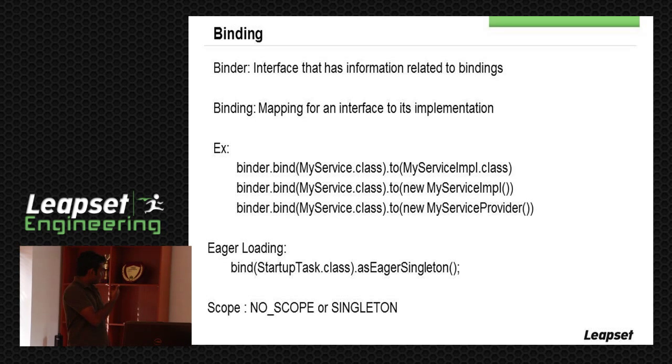But still, we can define the scope in Guice. And also, Guice is lazy loading, so whenever the service is called, only then the object will be created and loaded. In contrast, we can use eager singleton, which creates the object at runtime before calling the actual service.